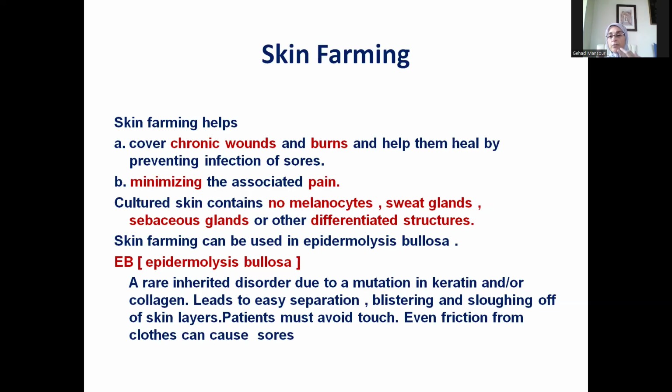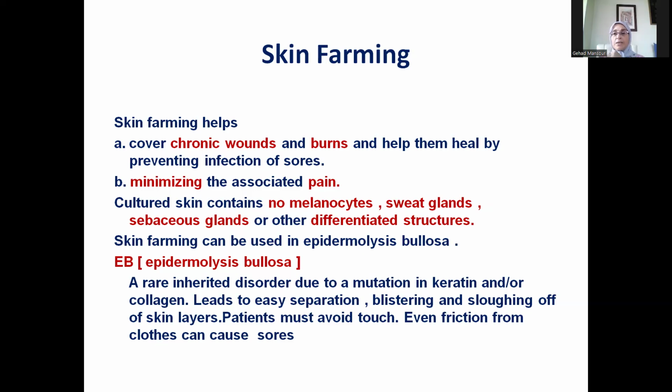So you will find sloughing off of the skin. You will find blistering, and a blister is a separated layer of the epidermis that is filled with fluid, and therefore patients are very sensitive to touch, to friction, and they easily get wounds and ulcers on the surface of the skin. So skin farming would be very important. Why is skin farming important in epidermolysis bullosa? Bullosa because there are bullae, or vesicles.